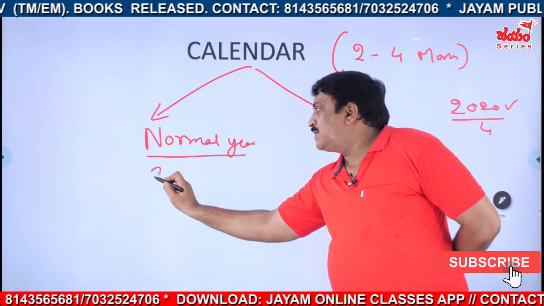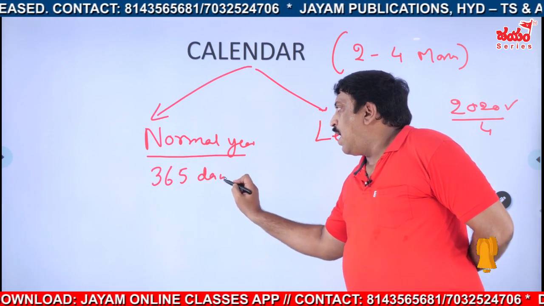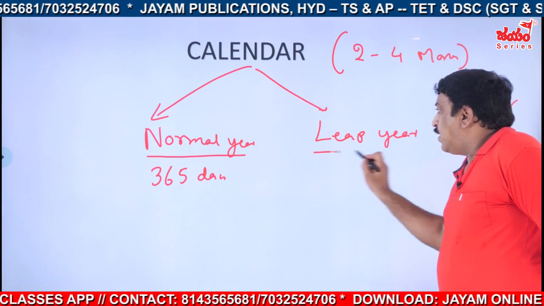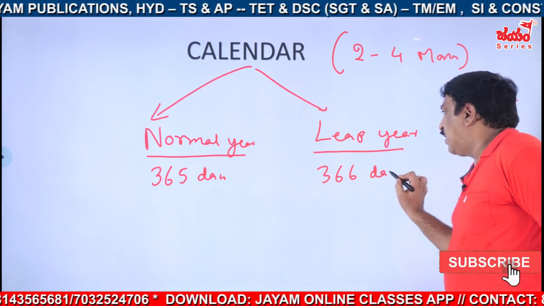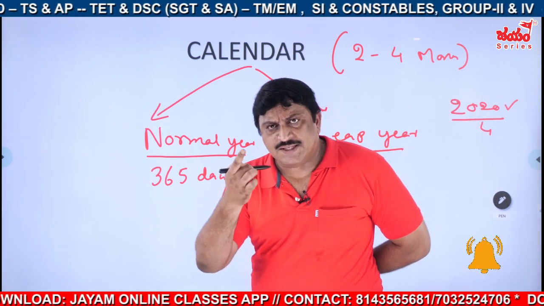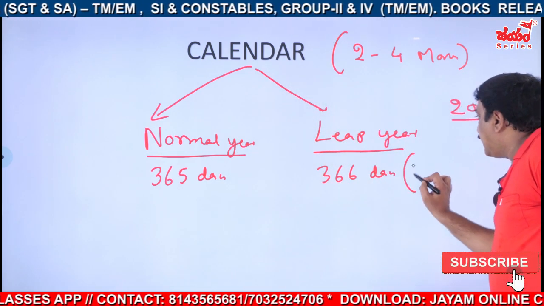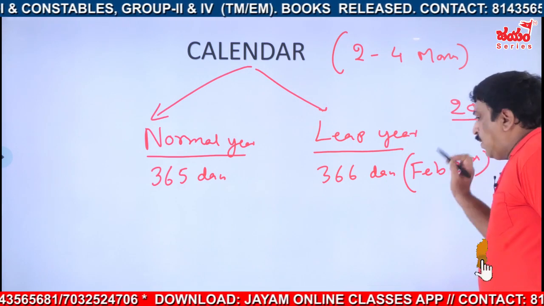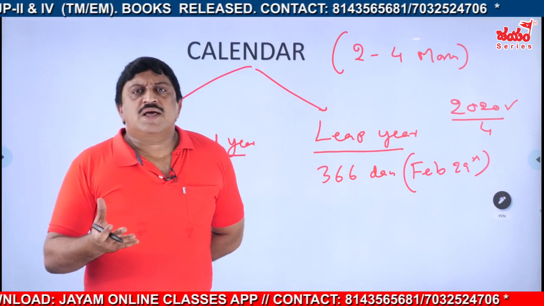It is 365 days. And a leap year consists of 366 days. So, one extra day. What is that extra day? It is February 29th. Only due to the addition of February 29th, it is named a leap year.